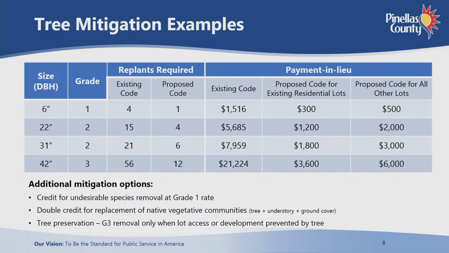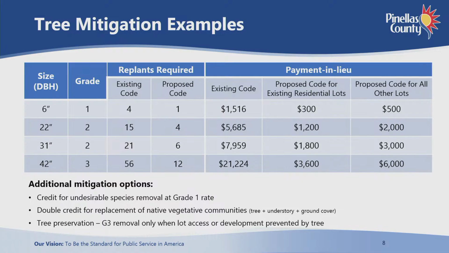All right, so combining these 2 changes, we have this table that compares existing versus proposed mitigation. The effect is that there will be an overall lowering of the replant requirements. We have several examples on this table of the different sizes and different grades of trees that may be proposed to be removed. If we look at the example of the 31-inch grade 2 tree on the 3rd line down, we can see that the current code would require 21 replacement trees, and the proposed code would require 6.